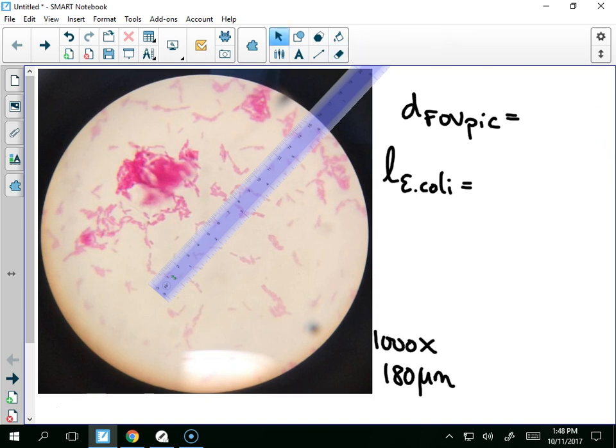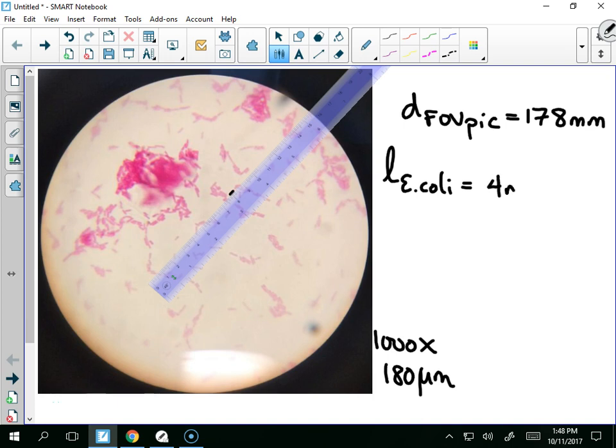So if we convert that to millimeters, that's going to be 178. Whereas this little guy here, that's this one here, is just 4. So they're really, really tiny. Now we're at 1,000 times magnification.